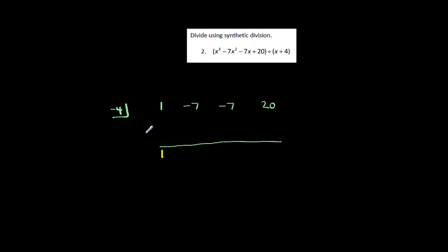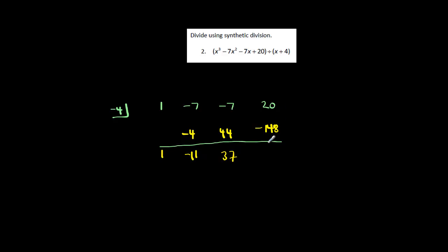So drop the 1, multiply, add down, multiply, add down, multiply. Let's see, that'd be negative 28, so 148.